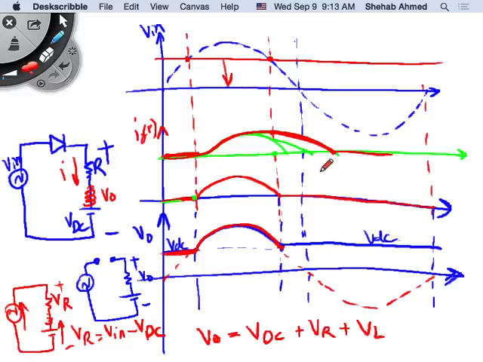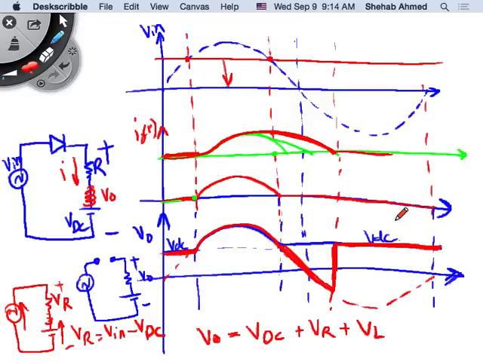It will follow Vin all the way until the current becomes 0. So it's either here or here or here, depending on the value of inductance. And then current becomes 0, the voltage shoots back up, and becomes VDC again. Okay? We're okay with this?